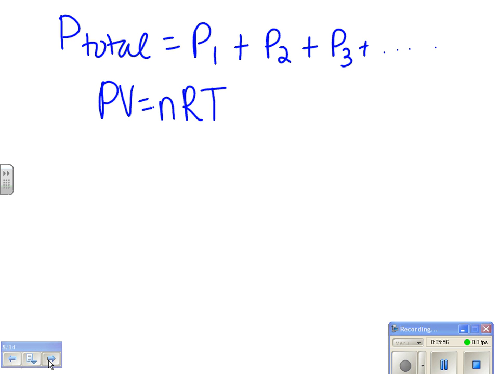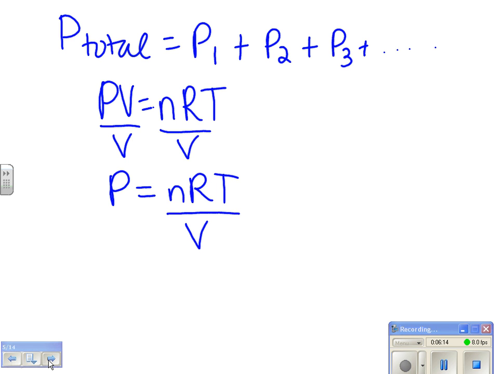We take PV equals nRT, and now we're going to solve this for pressure because whatever pressure is equal to, we could put up into our Dalton's law equation. Divide both sides by volume. And now we find out that our pressure is also equal to nRT over V. So wherever we have a P, a partial pressure up here, we can put in nRT over V. Well, since all of these gases are together, what are the common pieces of information?